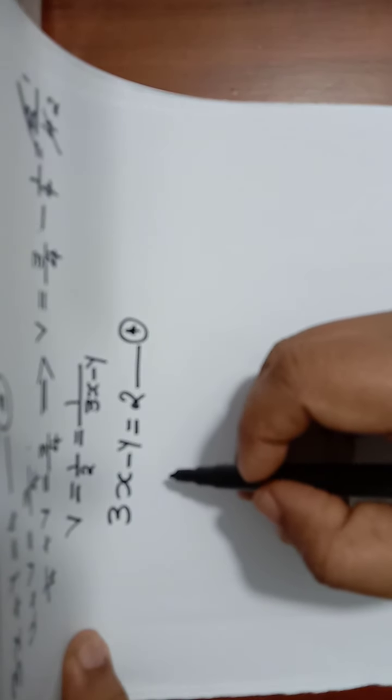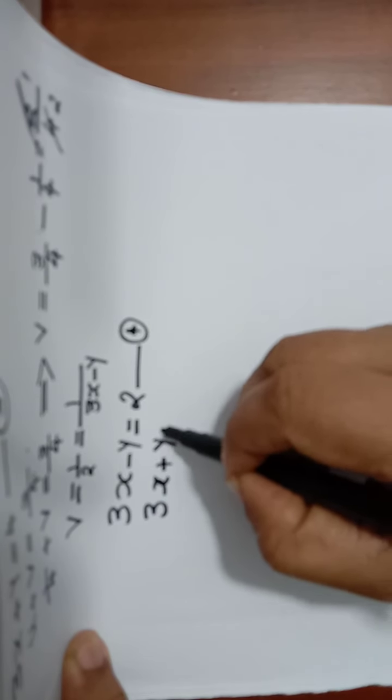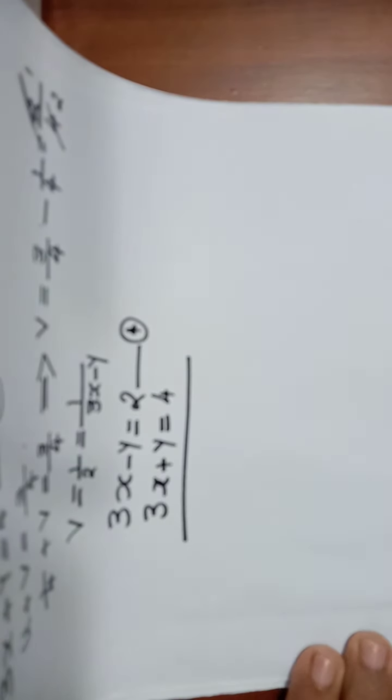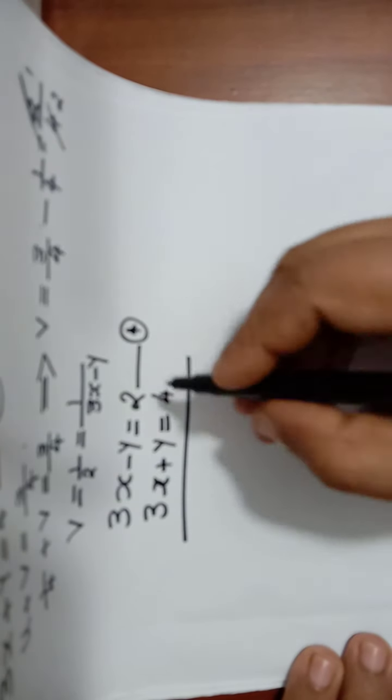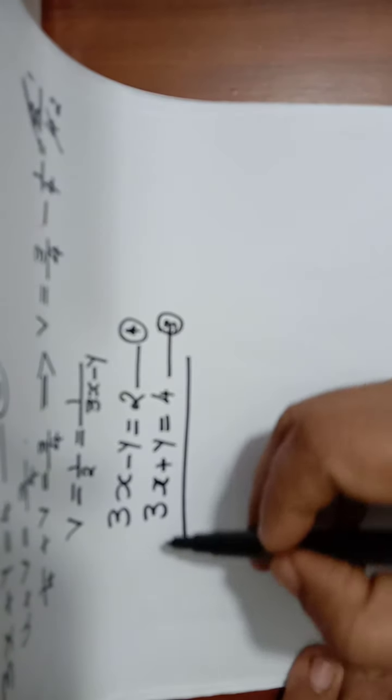Let us write equation number 3 below this: 3x plus y is equal to 4. Actually it is double elimination. After the first elimination we get the u and v values, then we proceed to get x and y.